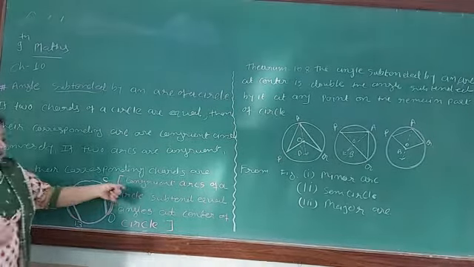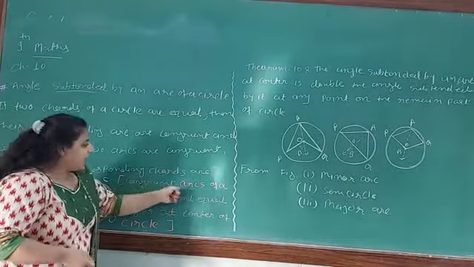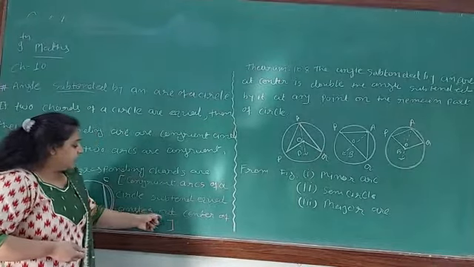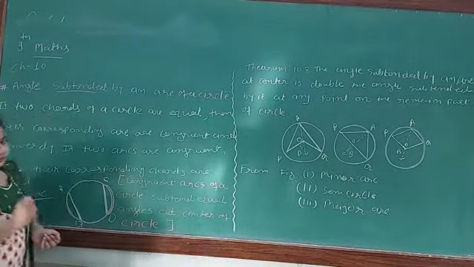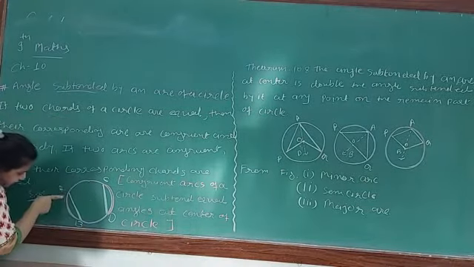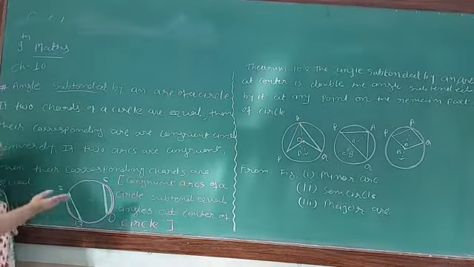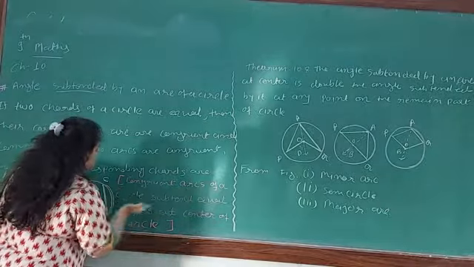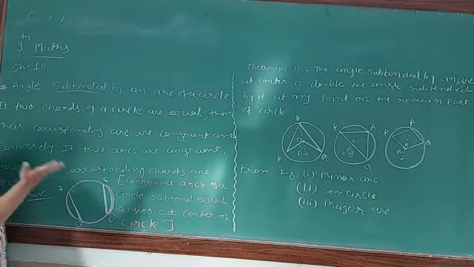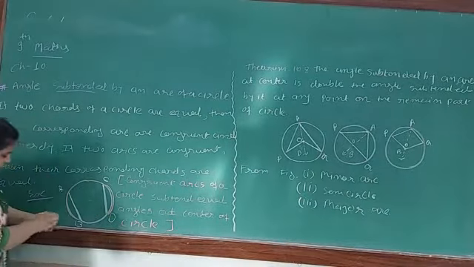Now, what is given as a note? Congruent arcs of a circle subtend equal angles at the center of the circle. If arcs AB and CD are congruent, they will form equal angles at the center of the circle.